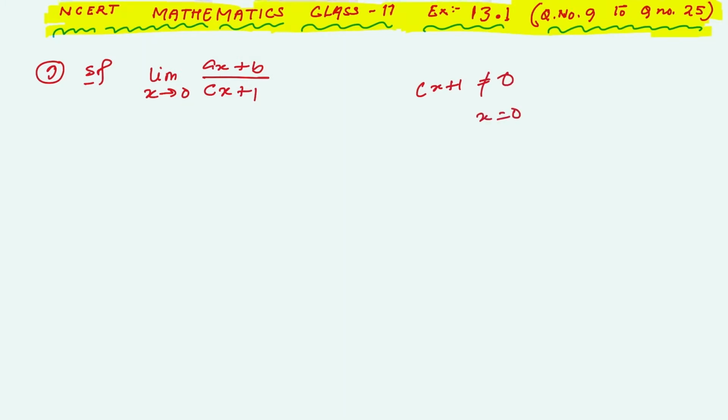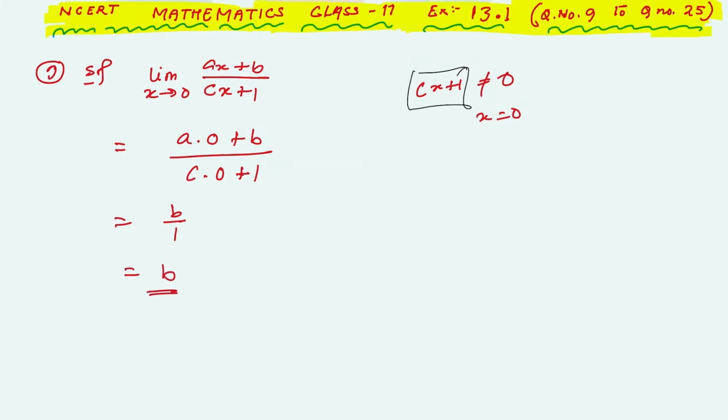As x tends to 0, the denominator is not equal to 0, so we can directly put the value x equal to 0. So that's going to be b by 1, that is b. This is your answer.